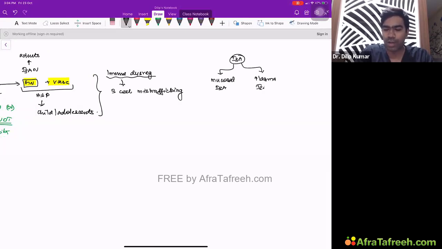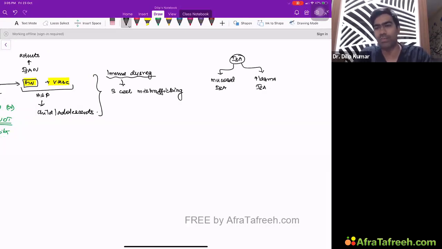If somebody asks you in the body which is going to be the maximum number of antibody that is synthesized per day, I'll always go for IgA only, because IgA is the one that is maximally synthesized in the body per day because it's a mucosal antibody. Imagine the mucosal surface from mouth to the anus and from the nose to the entire respiratory tract. Everywhere IgA is produced. So IgA is the antibody that is produced in maximal amount in the body per day. It exceeds any antibody by a huge margin.